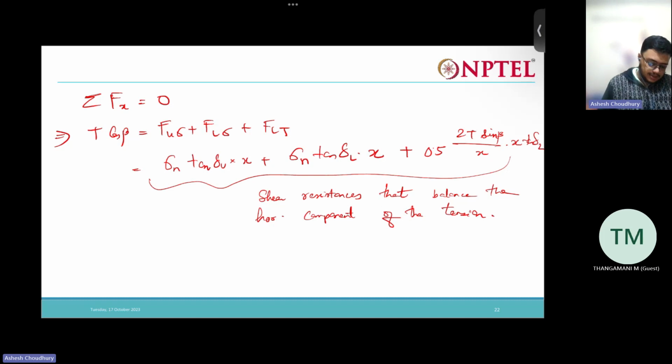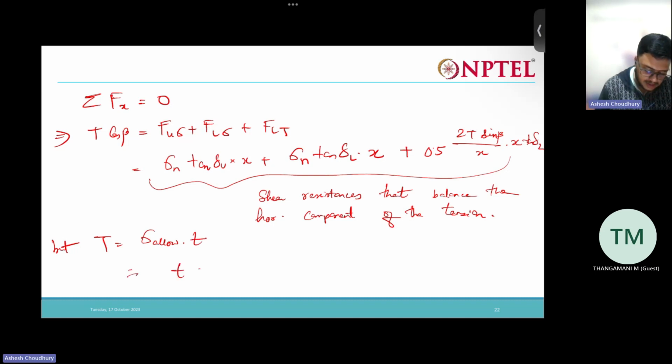So this T can also be written as, what is the maximum value of this T? What is the maximum value that the geomembrane can take? That is the allowable stress multiplied by the thickness, T allowed by thickness.